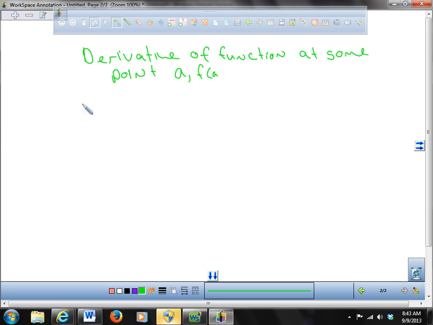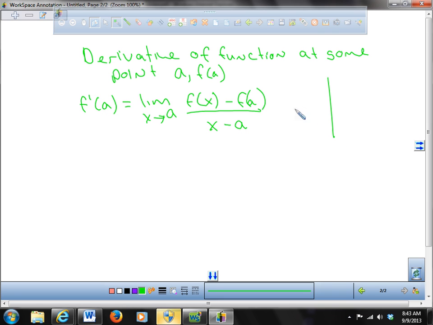So the definition of that is f prime of A, which is how we would write it, is equal to the limit, as x goes to A, of f of x minus f of A over x minus A. We haven't given you this one. This one's a little bit different from what I've seen before.